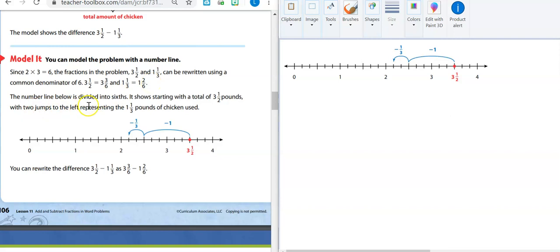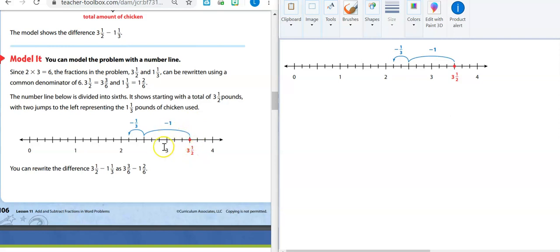The number line below is divided into 6. It shows starting with a total of 3.5 pounds with 2 jumps to the left representing the 1 and 1/3 pounds of chicken used. So let's go ahead and break this number line down. So we have 0 to 4 because we started with 3.5 pounds of chicken.